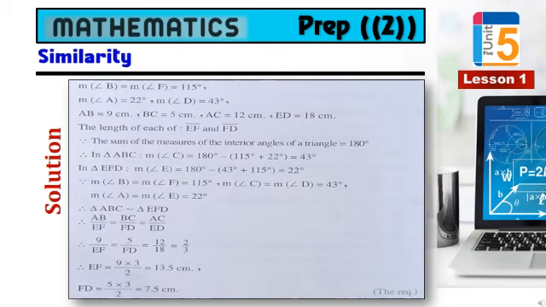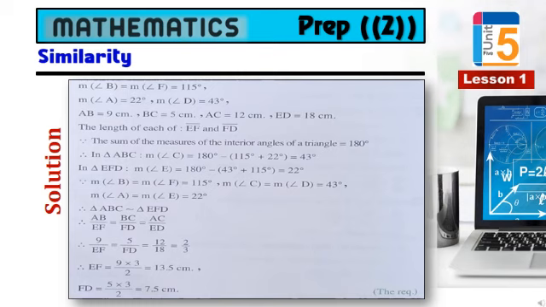We know that the summation of the measures of the interior angles of a triangle equals 180 degrees. So in the triangle ABC, the measure of angle C equals 43 degrees, and in triangle DEF, the measure of angle E equals 180 degrees minus 43 degrees plus 115 degrees, equals 22 degrees.